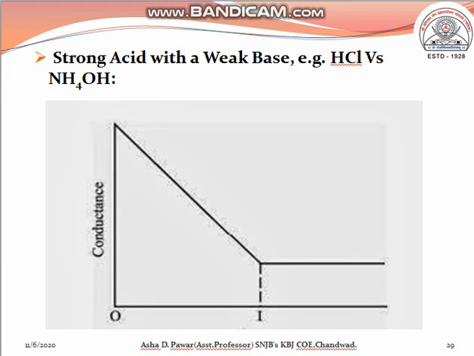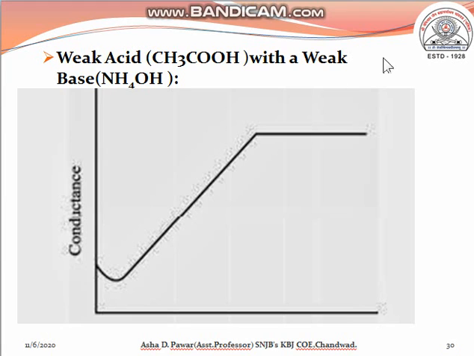Okay, and the last type of titration, that is, both the electrolytes we take are weak in nature, that is weak acid, acetic acid, titrated with weak base ammonium hydroxide.